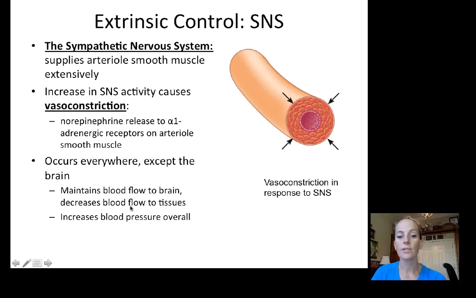One piece that you guys are going to struggle to understand is that when the sympathetic nervous system causes vasoconstriction and cuts off blood flow to the tissues, it's going to increase blood pressure overall in the whole system. So what you're doing then is maintaining blood flow to the brain and increasing the total systemic blood pressure.